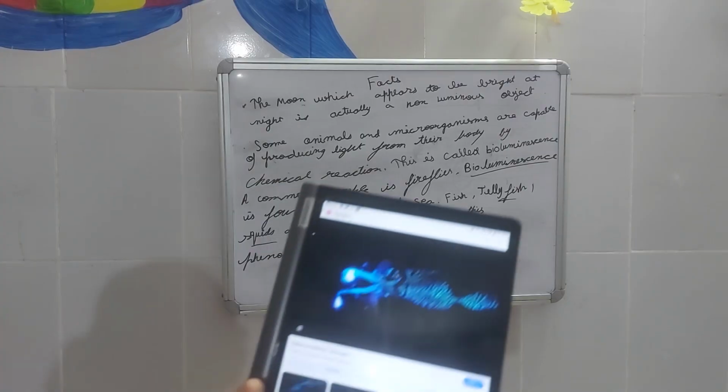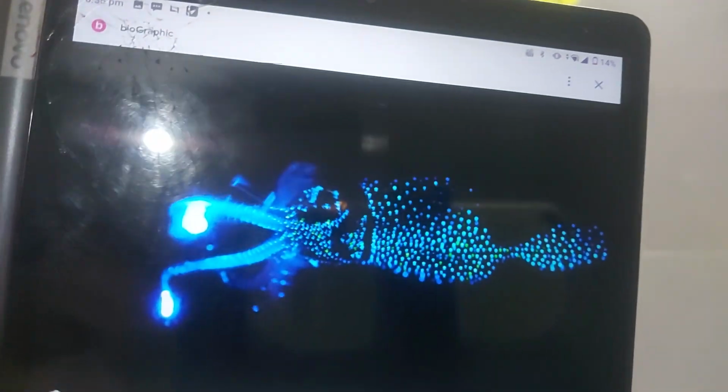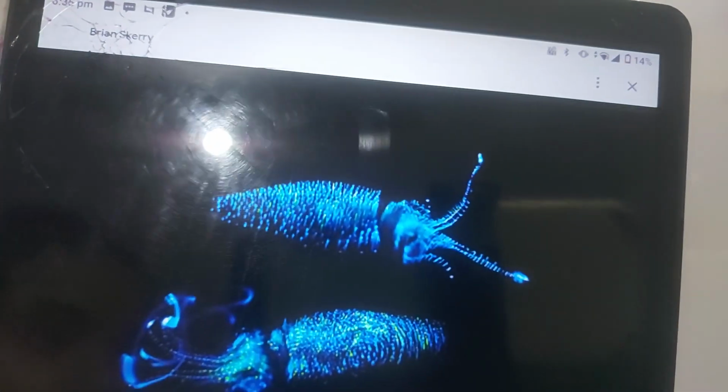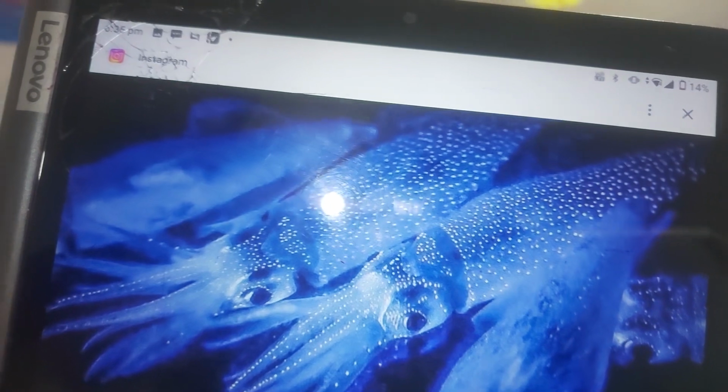See this one. I hope you can see this one, or this one, or this one also, same as this one.